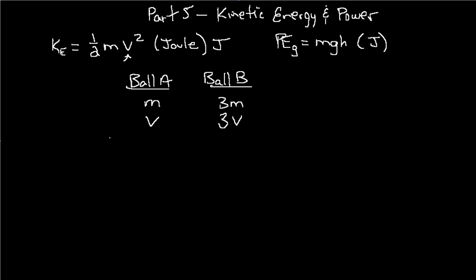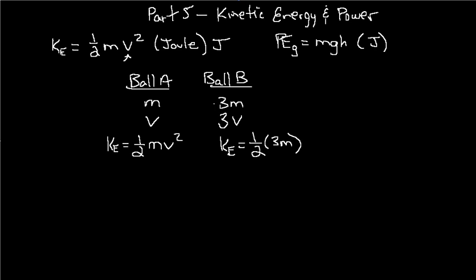So if I look at the kinetic energy for ball A, it's 1/2. The mass of ball A is m. The velocity of ball A is v. So we're going to square that. And that's what we get for the kinetic energy of ball A. But now let's look at the kinetic energy of ball B. The kinetic energy of ball B is going to be 1/2. The mass of ball B is 3m.